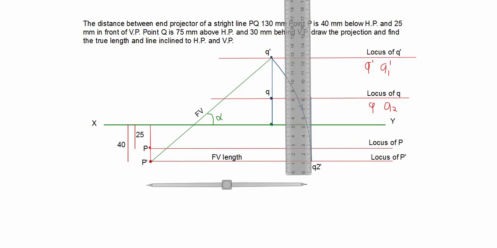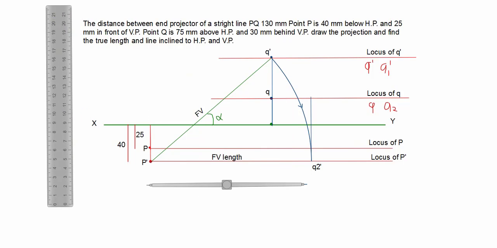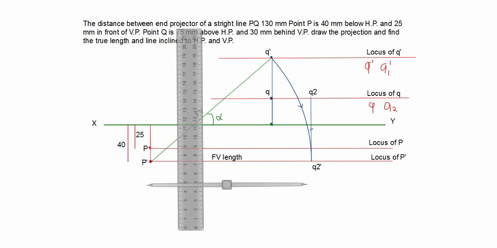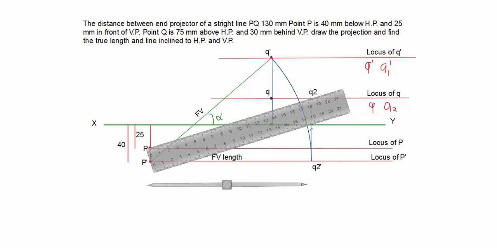So here I am extending, do the vertical projection on locus of Q from Q2 dash, where you can get your Q2 point, that is a plan point Q2. Now join your P and Q2, both plan points.